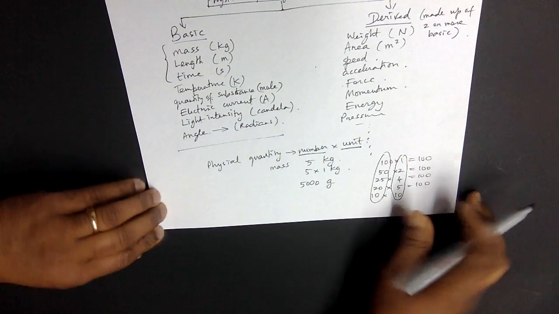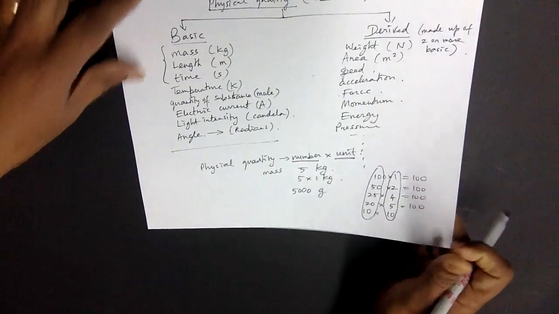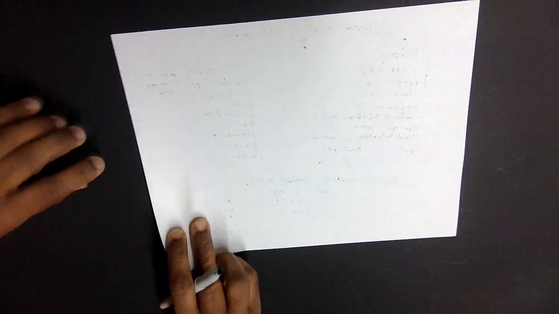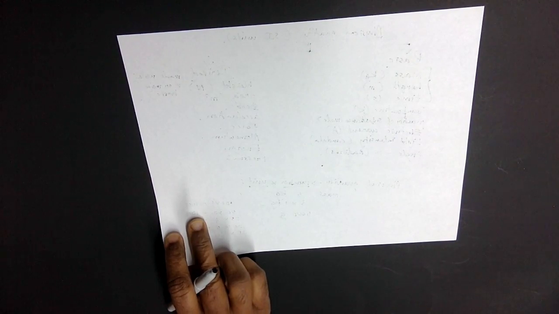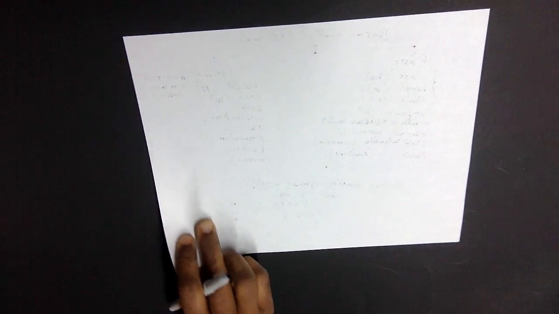Okay, now let's move on to what we call as the prefixes. Well, before you go to prefixes, let me go to scientific notations. So what is a scientific notation?